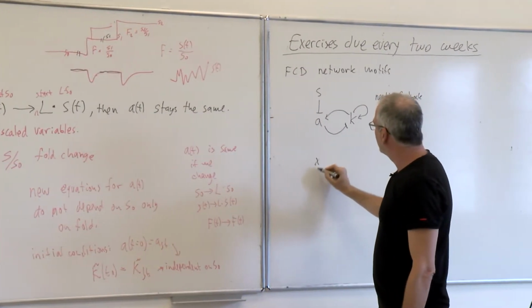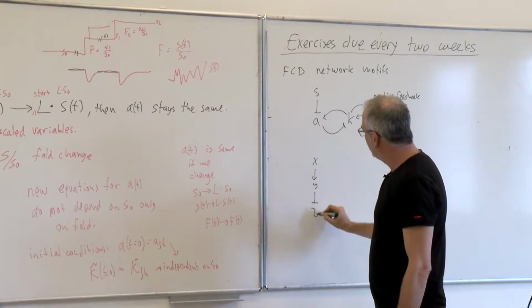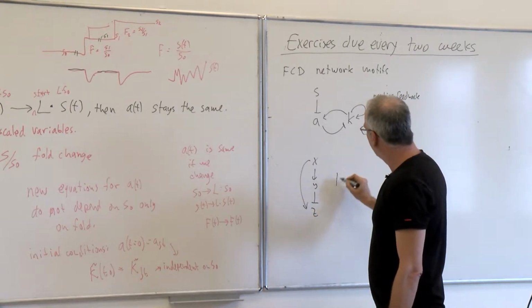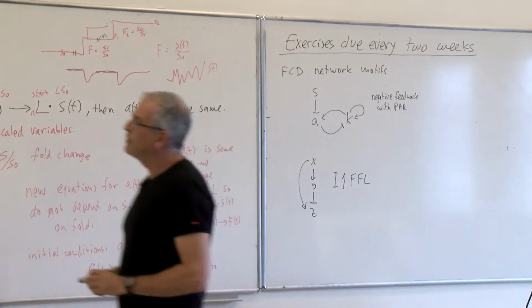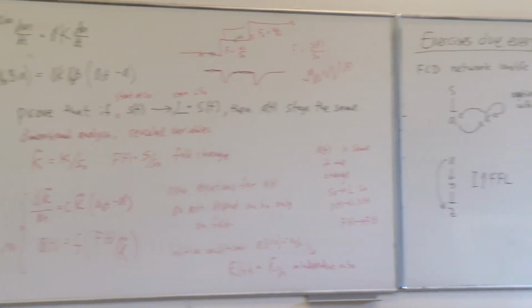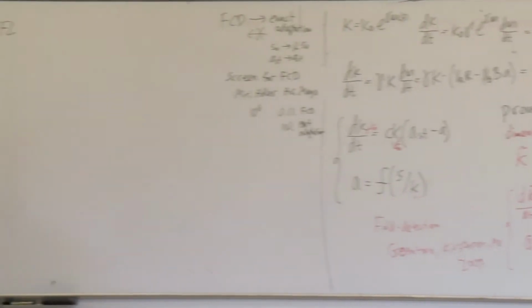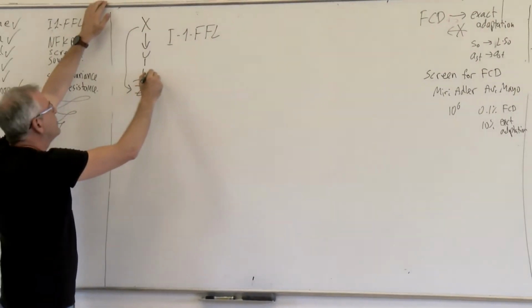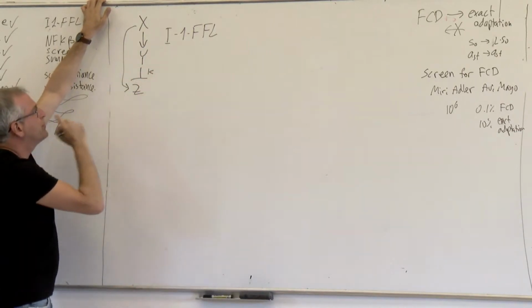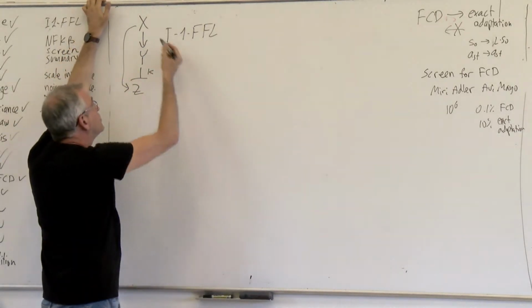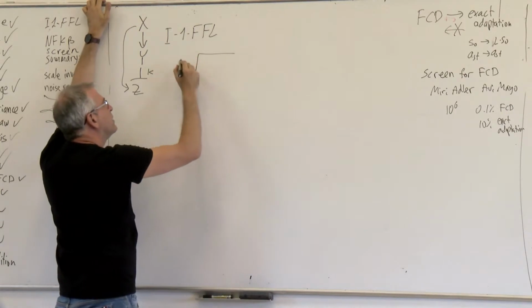So we have this X, Y, and let's see why that works. Well, it works under some assumptions here. So here there's also K, where Y represses Z. So just to show how this works, the input signal X goes up.